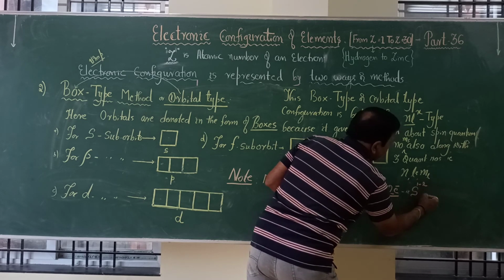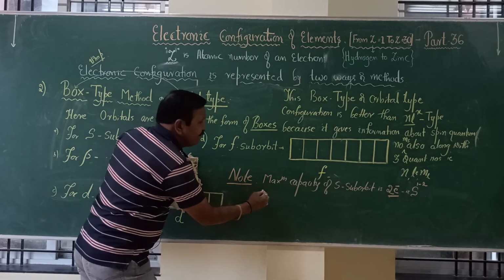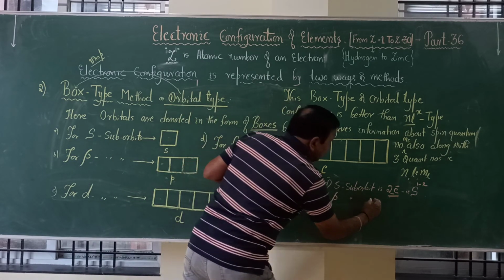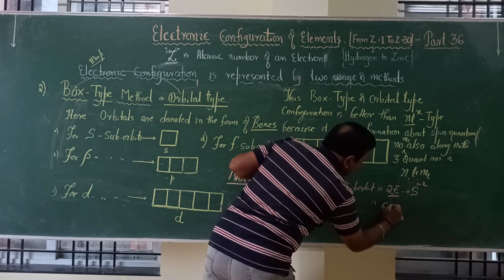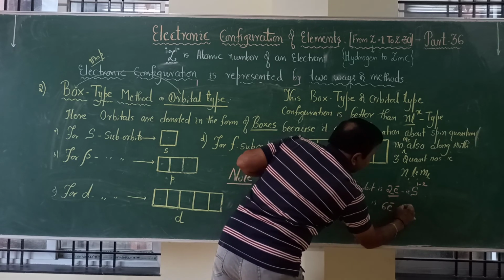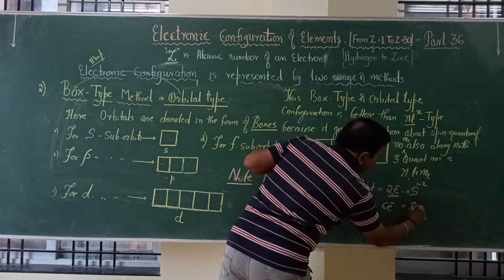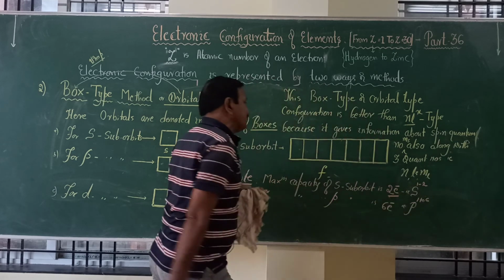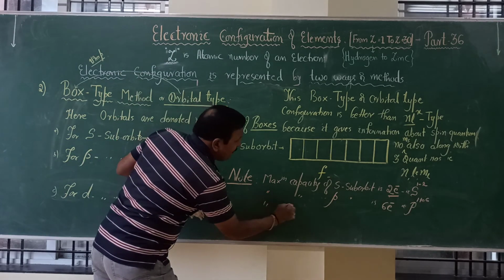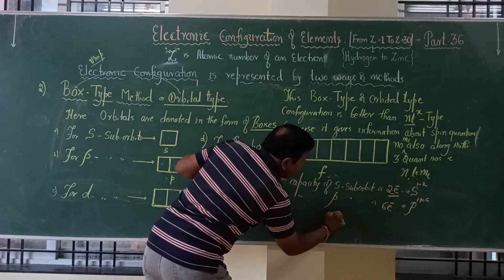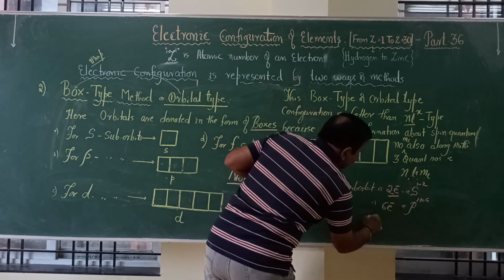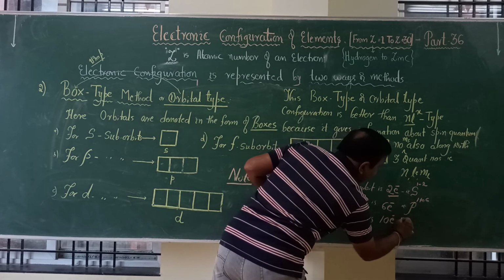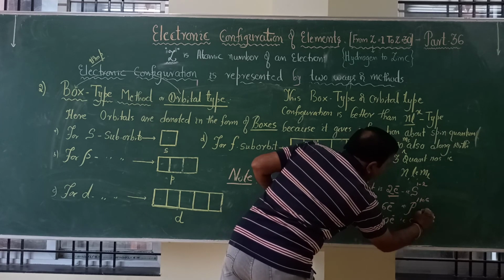That's all. Okay? Then the maximum capacity of p suborbit is 6 electrons, that is p1 to 6. And the maximum capacity of any d suborbit is 10 electrons, that is d1 to 10.